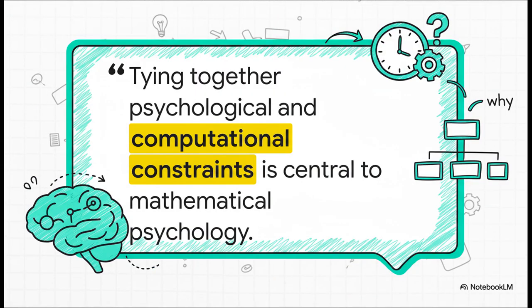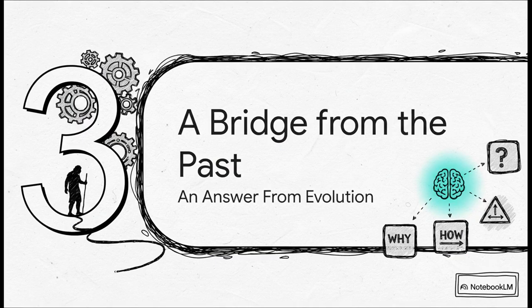Now, what's really fascinating here is that this isn't just some philosophical thought experiment. As this quote makes clear, building that bridge, that is a central driving goal for entire fields like mathematical psychology. It's really about creating a unified theory of the mind. Okay, so how do scientists even try to build this bridge?